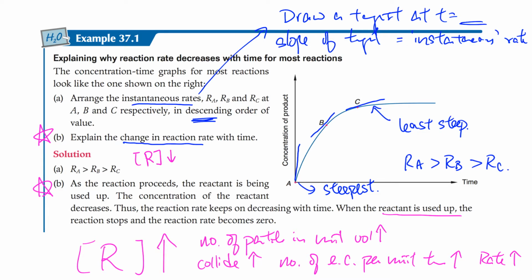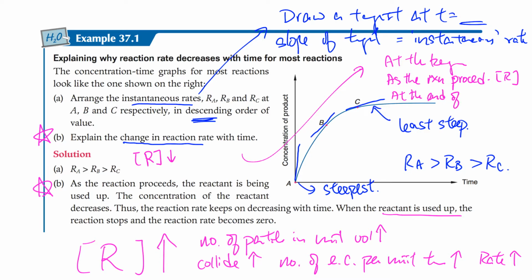It decreases. So at the beginning, what happened to the concentration? As the reaction proceeds, what happened to the concentration of the reactants? And then at the end of the reaction, what happened to the reactants?